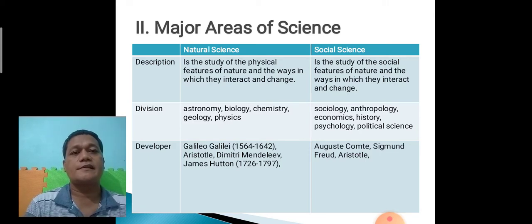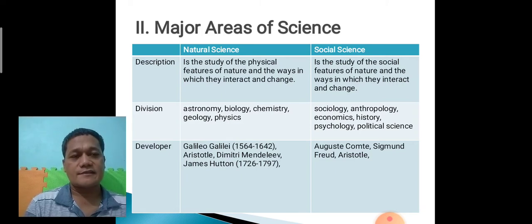So let's see first the description. When we say natural science, it is the study of physical features of nature, the way in which they interact and change. Actually, if you look at the different descriptions of social science, they differ only in the words physical and social.